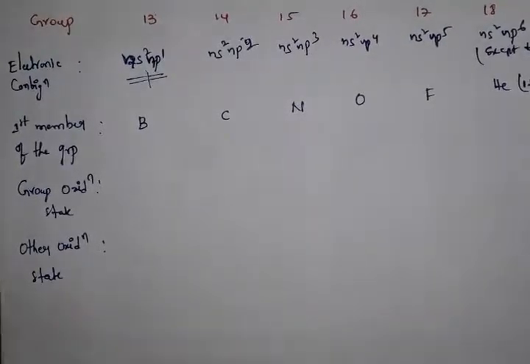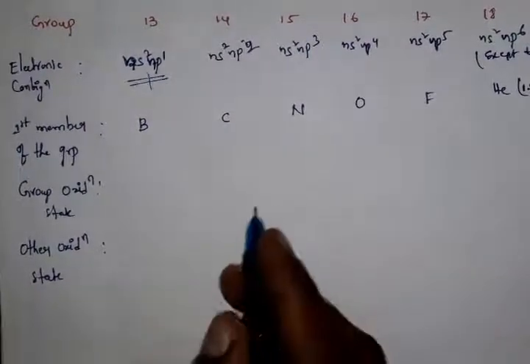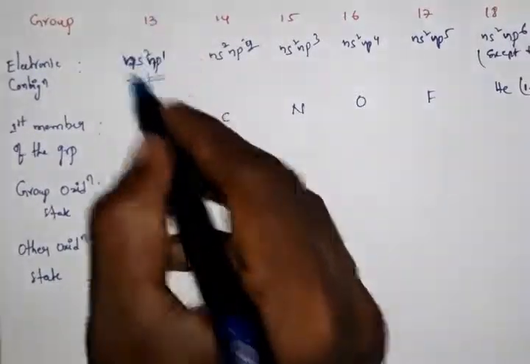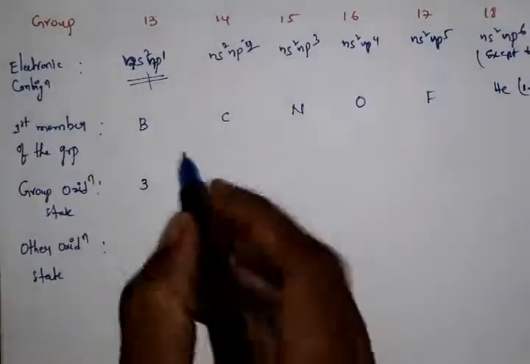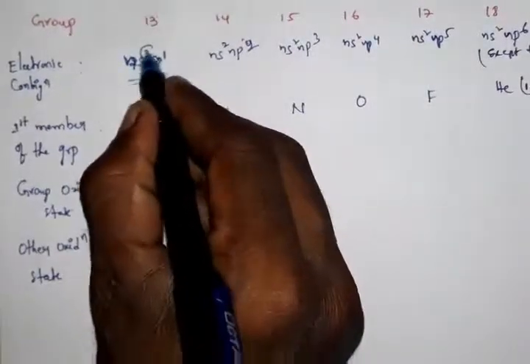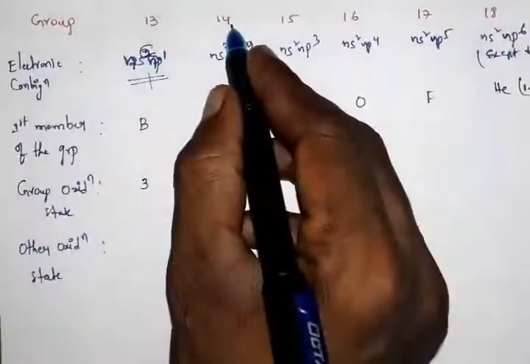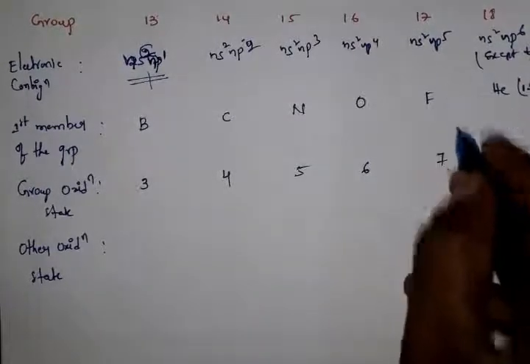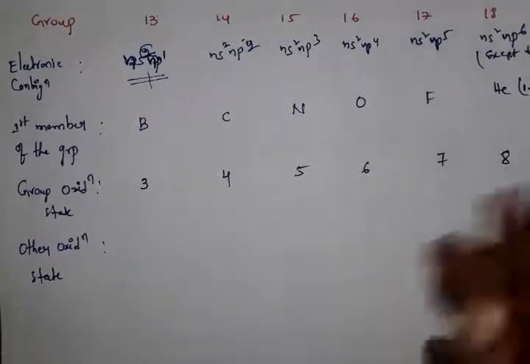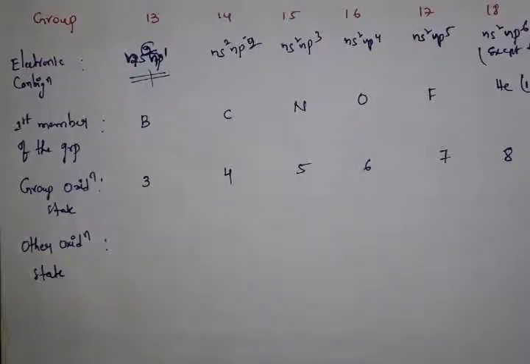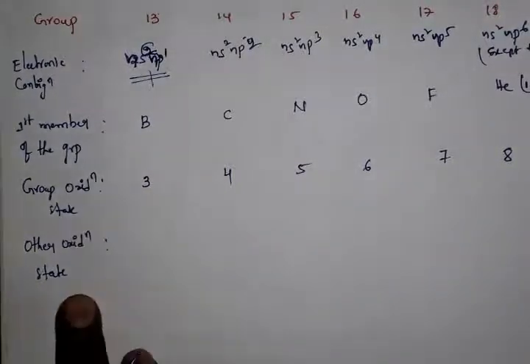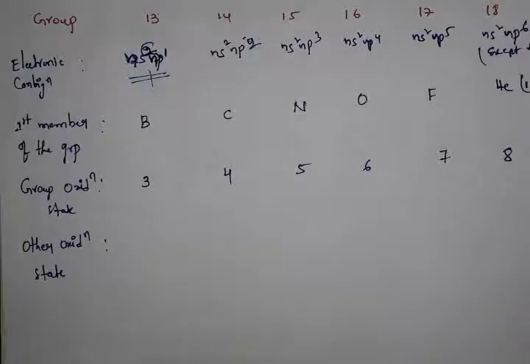Next, for the 13th group elements, the maximum oxidation number is 3 because the total number of valence electrons is 3. For the 14th group elements it is 4, the 15th 5, the 16th group 6, the 17th group 7, the 18th group 8. These p block elements also exhibit other oxidation numbers.